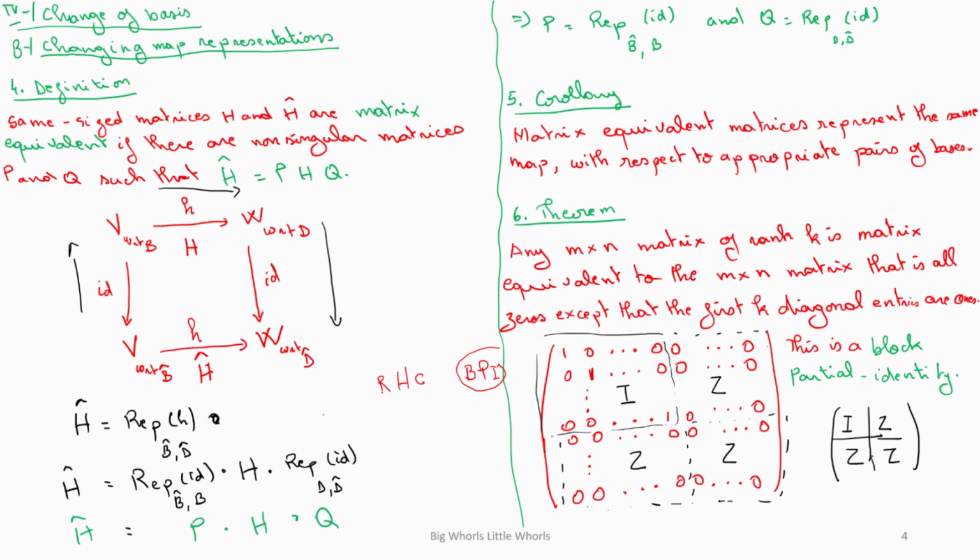We can perform row reduction steps followed by column reduction steps on H to get to the block partial identity. So you can see where we are going, okay?